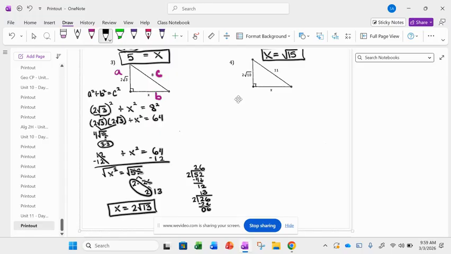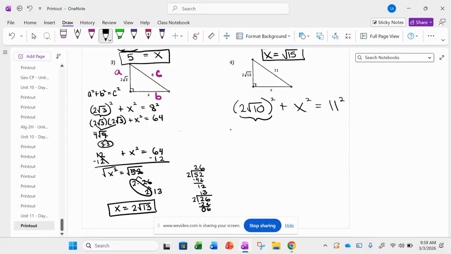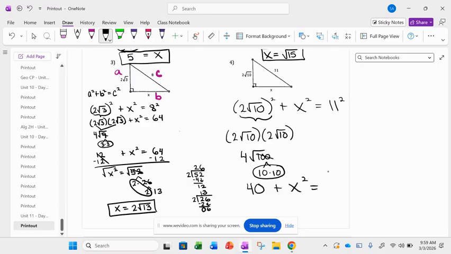Okay, so your setup should be 2 root 10 squared plus x squared equals 11 squared. How many people got the setup correct? Wonderful. Now we have to actually multiply these. So 2 root 10 times 2 root 10 gives us 4 root 100. But then 100 is 10 times 10. So we're going to have 40 plus x squared equals 11 squared.